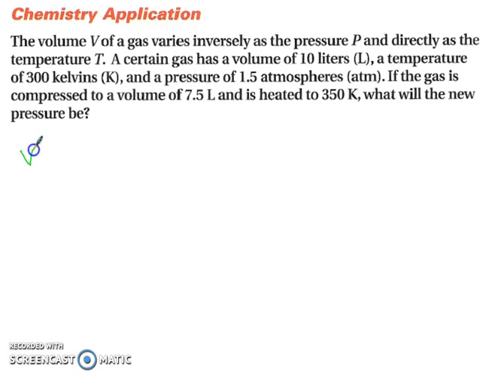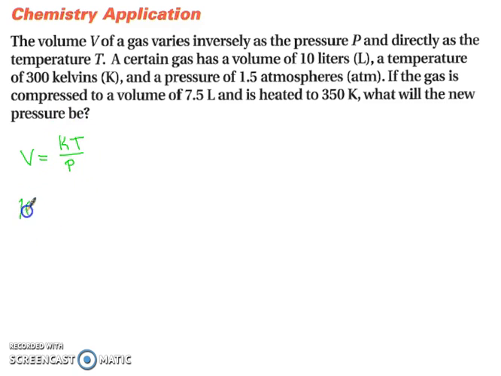So for this, we're going to have V equals K times T over P, as we have our temperature and our pressure directly and inversely. And now we can fill in our information that we know from the other one, because we want to find K. Our goal is always to solve for K and get whatever the constant is.